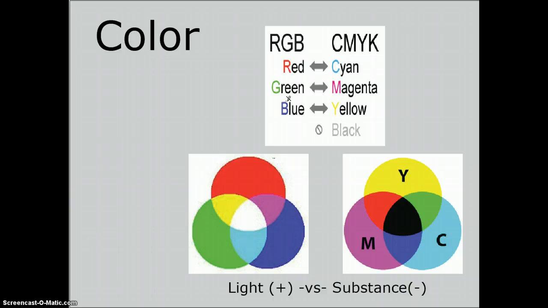But anyway, as you work with substance and you mix colors together, they combine and become darker. When you work with light, it's referred to as additive. And so as you add light, the colors combine together.